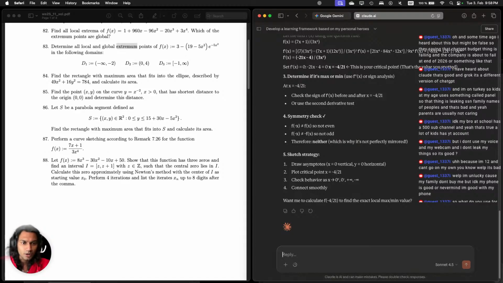Oh, and some time ago I heard about this, but might be false. They're saying that ChatGPT's budget thing is falling, and the company's about to fail at the end of 2026 or something like that. Yeah, I did hear about that. I heard that they're going bankrupt, but I don't think they're gonna close.